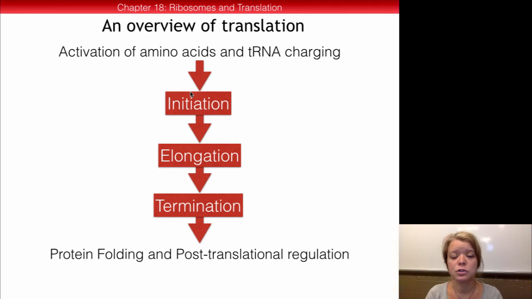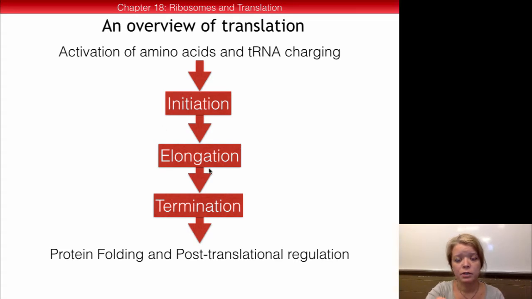That's what allows the two subunits to come together. This is really important because it prevents random catalysis, random polypeptide formation just with the tRNAs but without a template. So the process of initiation, we're going to look over that first.